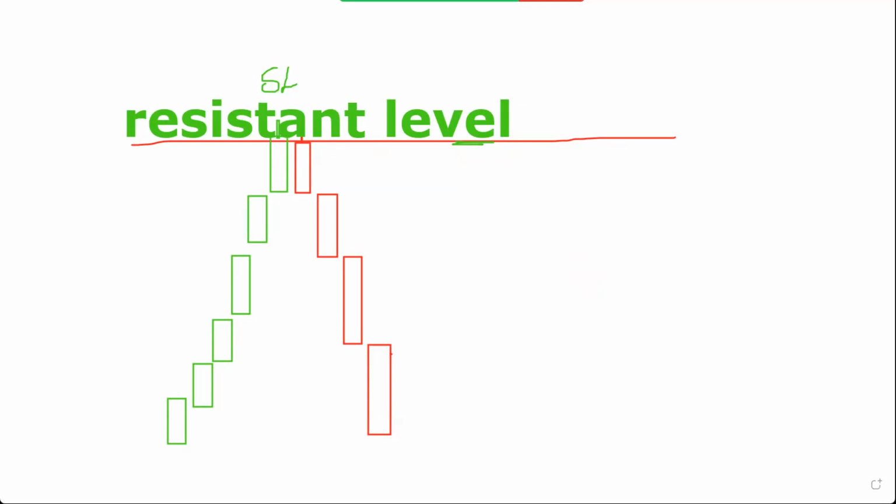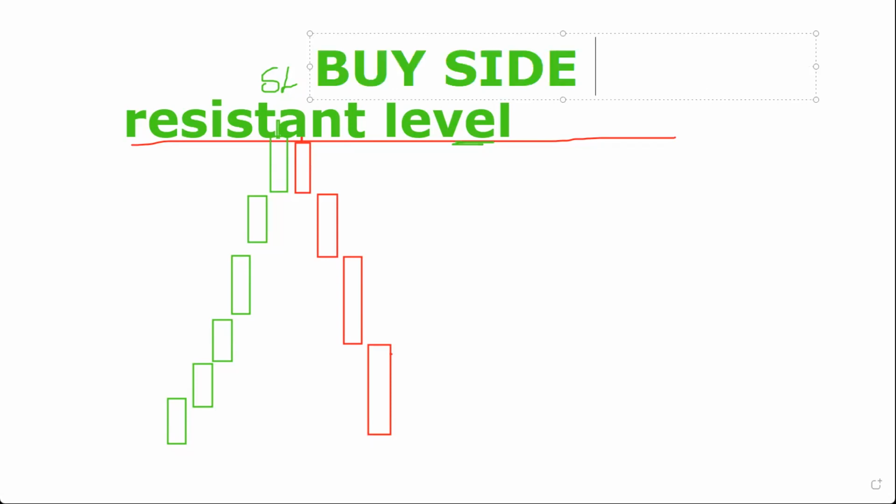The liquidity area resides just above the stop loss area which you marked. For example, just above the stop loss there are normally two kinds of liquidity, right? One is buy side liquidity, and another one is sell side liquidity.